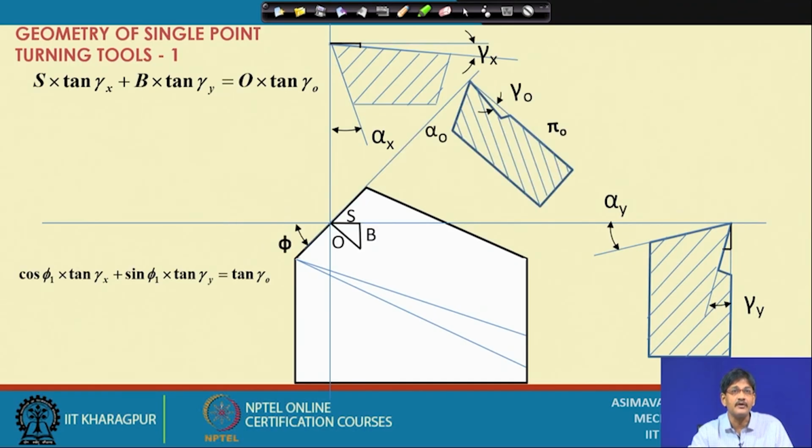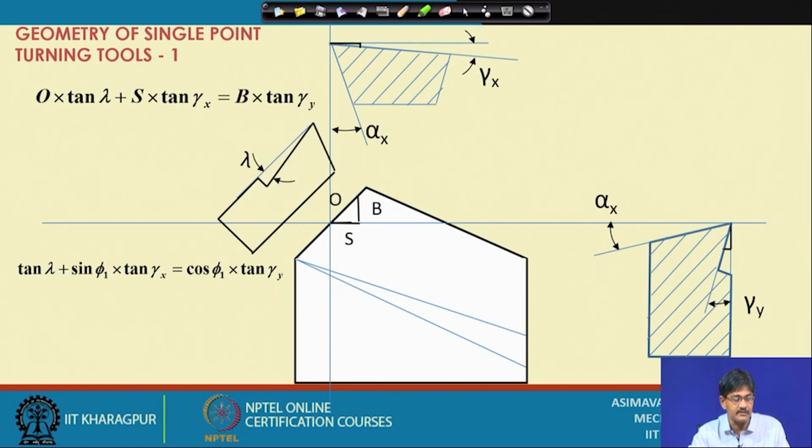In the previous one, we expressed a relation between orthogonal rake and back rake and side rake. Now, we want to express a relationship between inclination angle lambda and back rake and side rake. So, in that case, the whole trick lies in the definition of this particular triangle that you are going to consider.